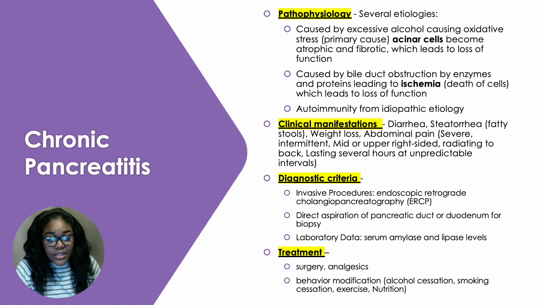You have diagnostic criteria. Of course, you have to be diagnosed by a healthcare provider first and foremost, and then they may opt to do an invasive procedure called ERCP. That is a very long word, and you can try to pronounce it. I'm not going to do that on this particular slideshow, but just know that this is a type of endoscopy.